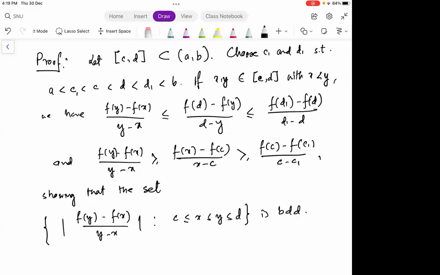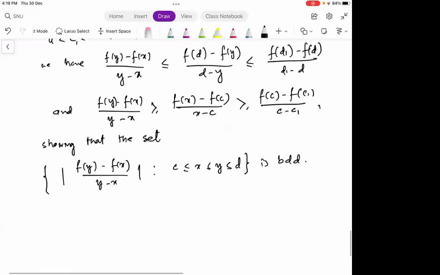And the first inequality at the top of the screen shows that it's bounded above. The second inequality shows that it's bounded below.